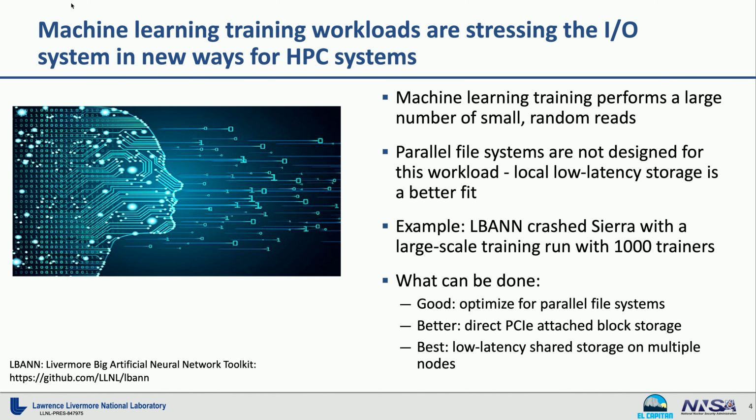But it would be even better if we could attach that local storage in ways so that multiple nodes could access that storage at the same time, and we could use it so that data can be staged in, perhaps before the job runs, but then data that's created on those local file systems can be trickled out to the global file system while the compute is computing and writes are still happening locally as well.